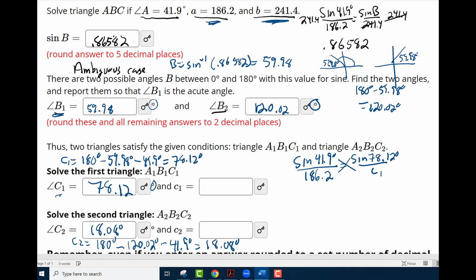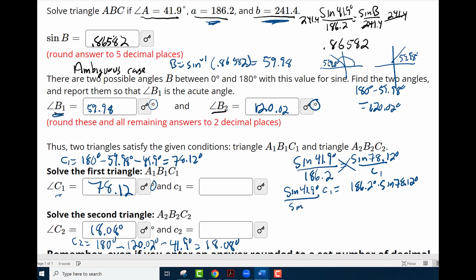So I'll cross multiply. Sine of 41.9 degrees times C1 equals 186.2 times sine of 78.12 degrees.